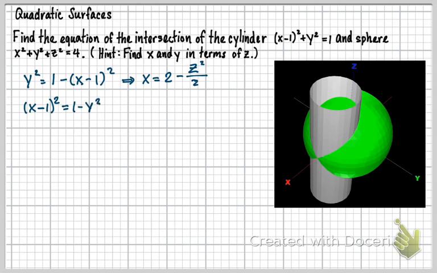And then I'm going to square root both sides. So I'm going to get x minus 1. And remember, when I square root, I get a plus or minus there as well. So it's going to be plus or minus the square root of 1 minus y squared. And then I'm going to move the 1 over. So my x is going to equal 1 plus or minus the square root of 1 minus y squared.